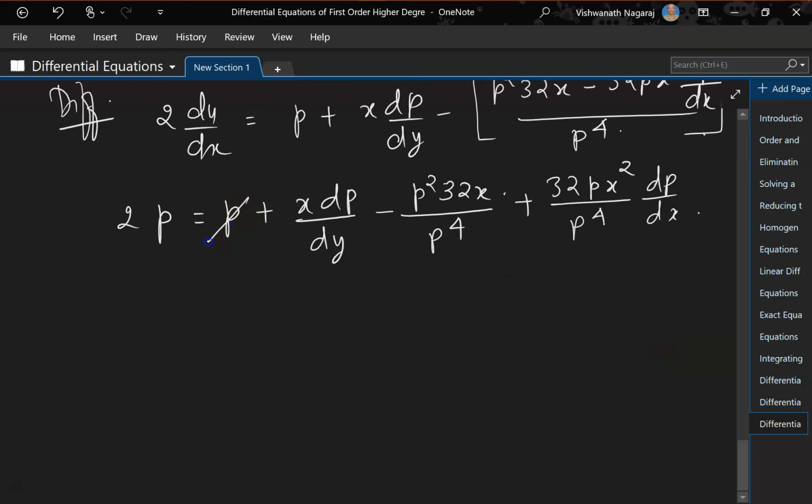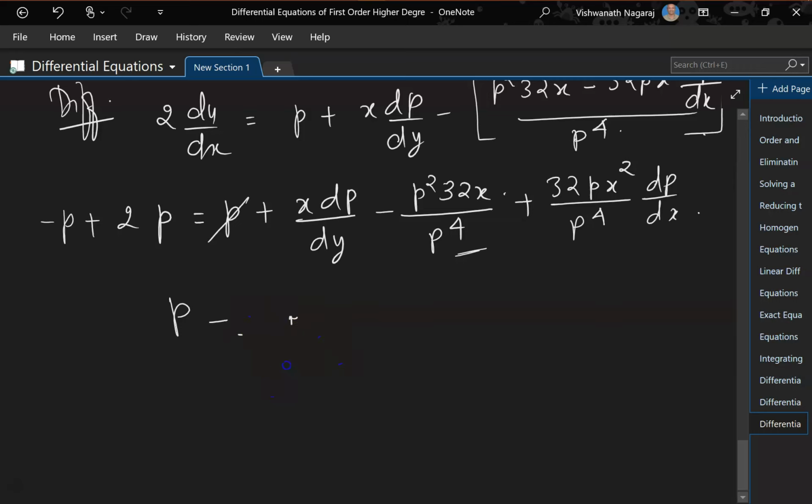Now let's take p to the other side, so minus p plus this, so we get p. Let's bring in this also to the other side, so 32p square x by p4.